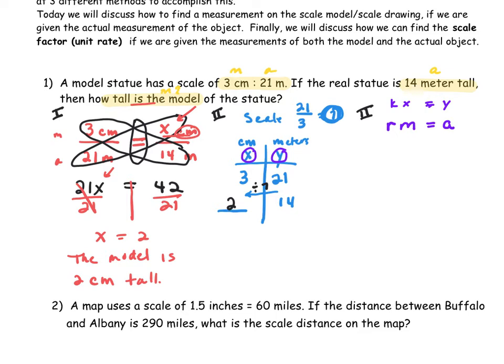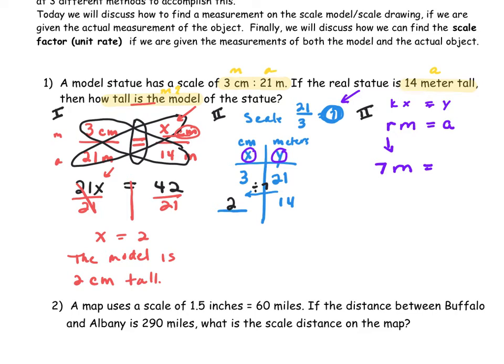So we've already found the scale factor, so where the R is, I'm going to put 7. I'd have to do this part if I'm going to use the equation, regardless of if I use the table. Then I would multiply by the model measurement, but that's what we don't know. We're trying to find our model, how tall is our model? And then that would equal the actual measurement, which they gave us, which is 14.